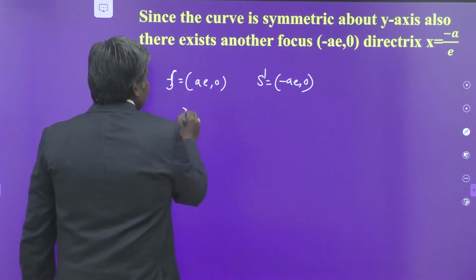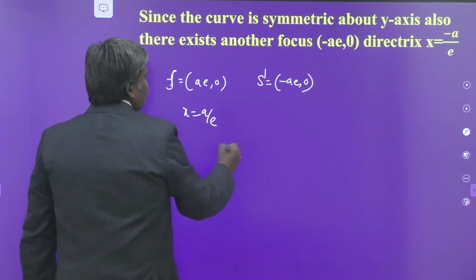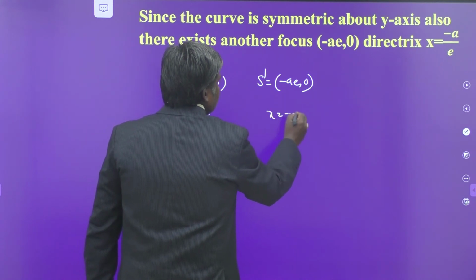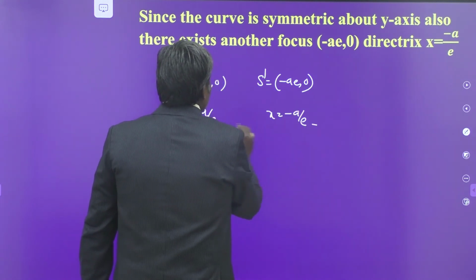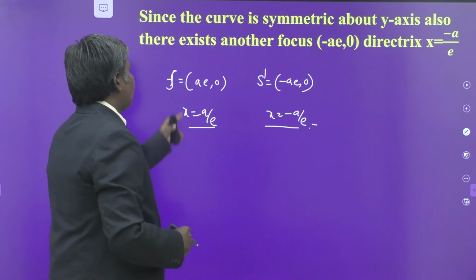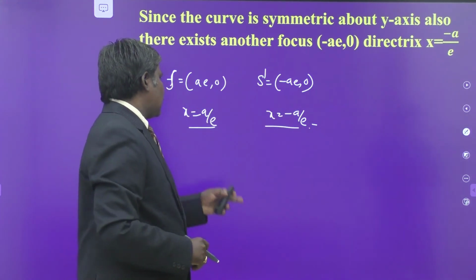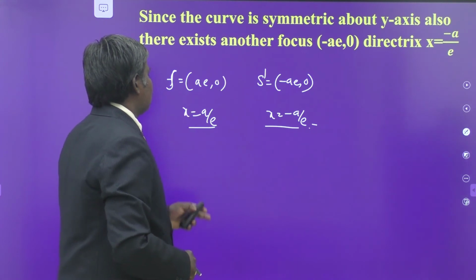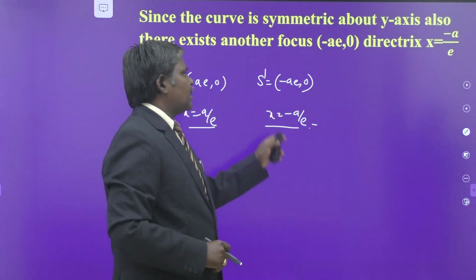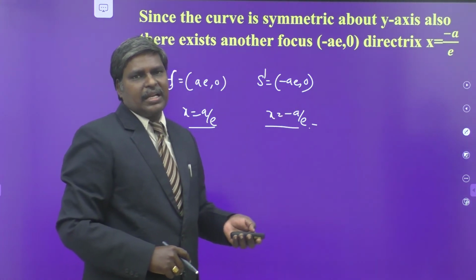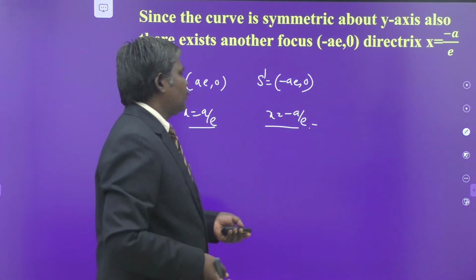We have the directrix x equal to A by E. Another directrix is x equal to minus A by E. So focus S is AE comma 0 and S dash is minus AE comma 0. X equal to A by E is one directrix. There exists another directrix since the curve is symmetric about y-axis also. Next one.